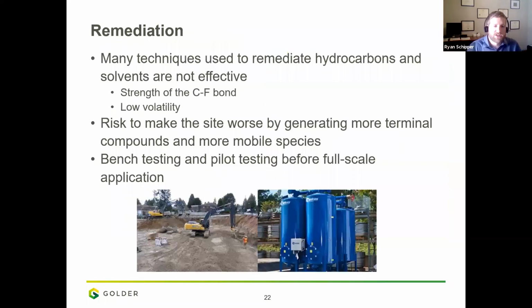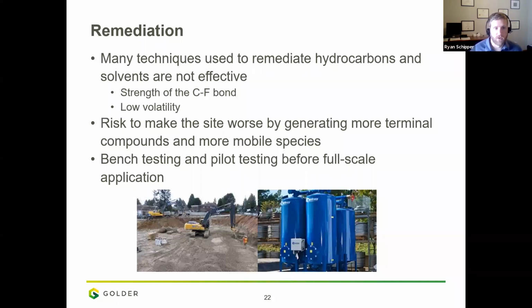So remediation: after looking at some of the source control or reduction or elimination, your next step is potential remediation, or looking at remediation options. There are many techniques that are used to remediate hydrocarbons and solvents. These are typically not effective for PFAS because of the strength of that carbon-fluorine bond, as well as the low volatility of a lot of the terminal PFAS.